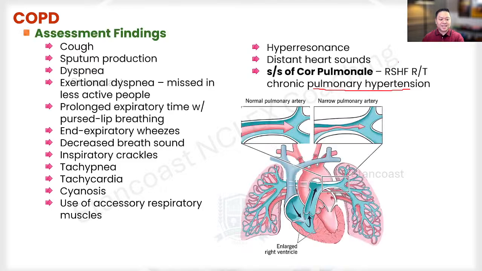So in this case, you're going to have to look for those signs of right-sided heart failure, wherein the patient will end up with syncope. There is going to be some shortness of breath. There will be fatigue and also weakness. And you will see that the patient will end up with some edema, and this is going to be a generalized type of edema, all right?